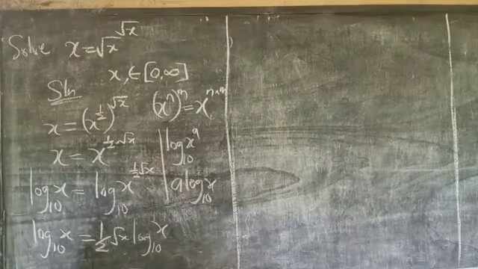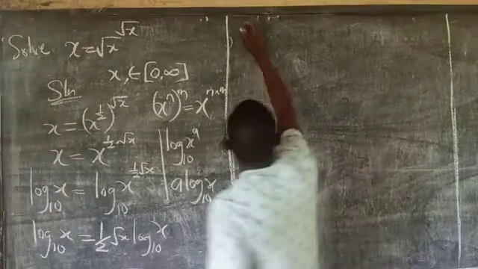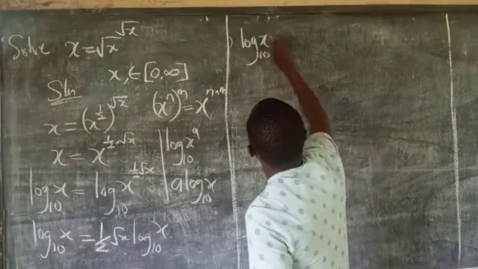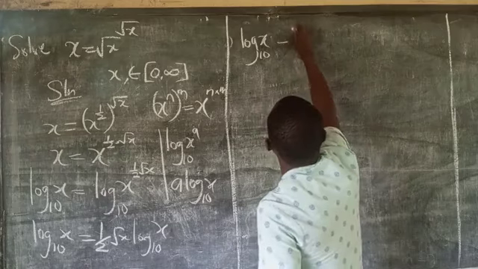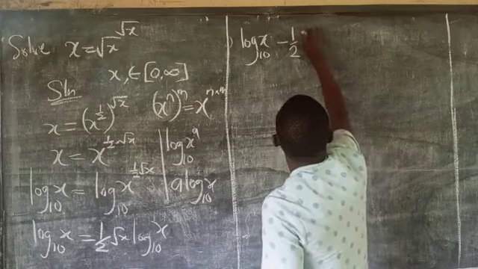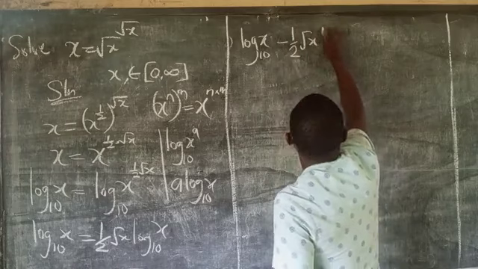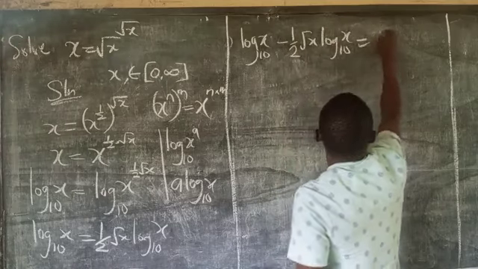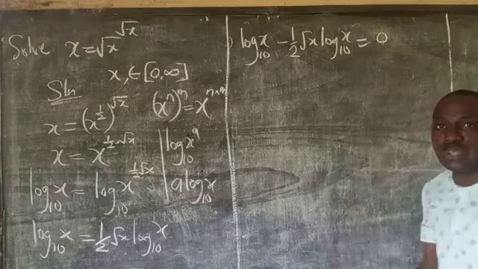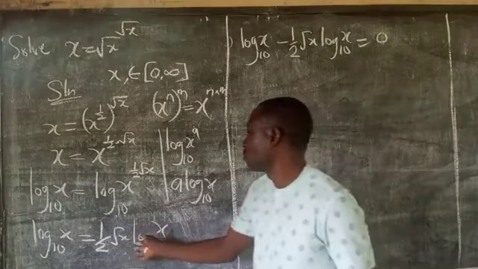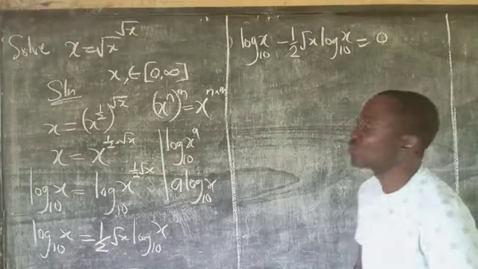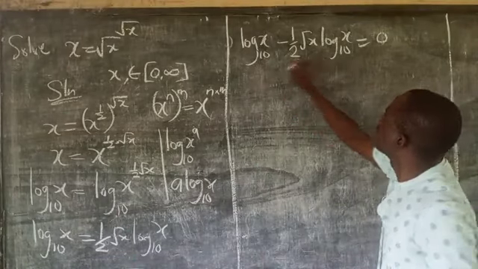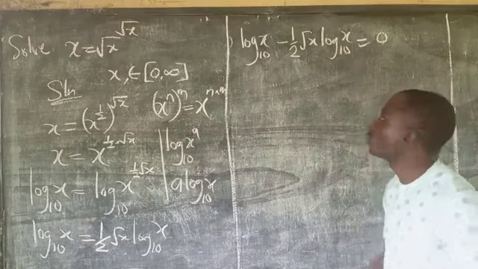Yeah, this is fine. So we can say log to base 10 of x minus 1 over 2 root x log base 10 of x equals 0. We simply move all the terms to one side. But if you look closely, we can see that log to base 10 of x is common to the two terms.